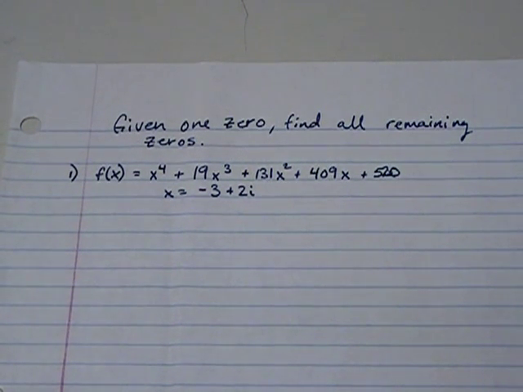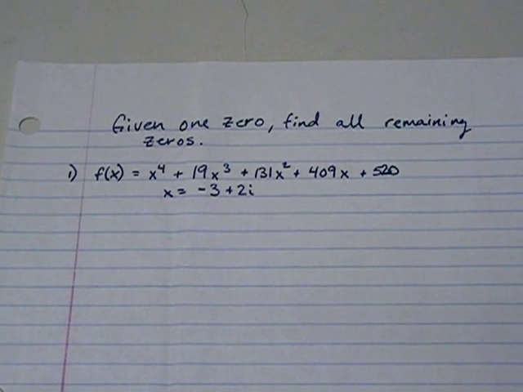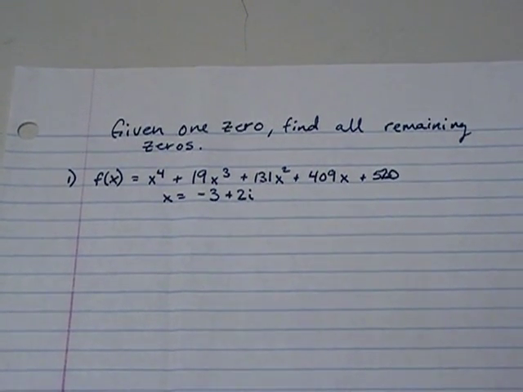Now, whenever a polynomial has a complex, which is in this case, or an irrational zero, they're always going to come in pairs.